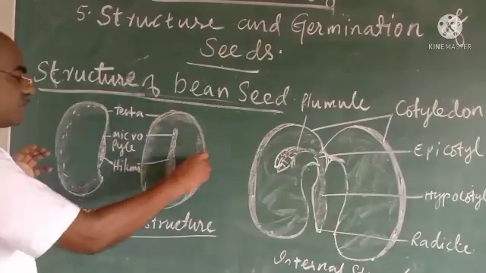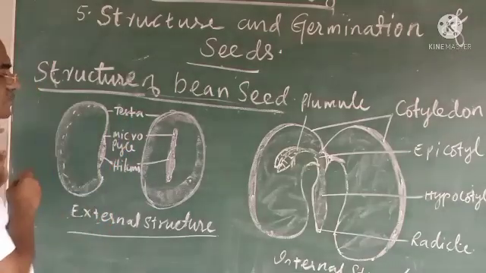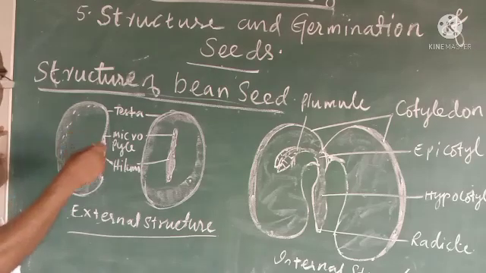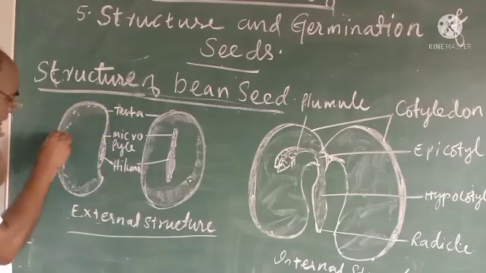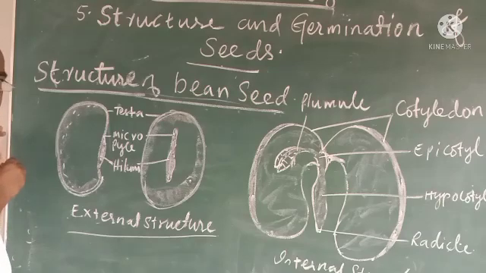It is totally covered by one coat, called the testa. Then what about the tegmen? It is not labeled here. Just inside, just below the testa, a very thin layer is found over it. That is called the tegmen.